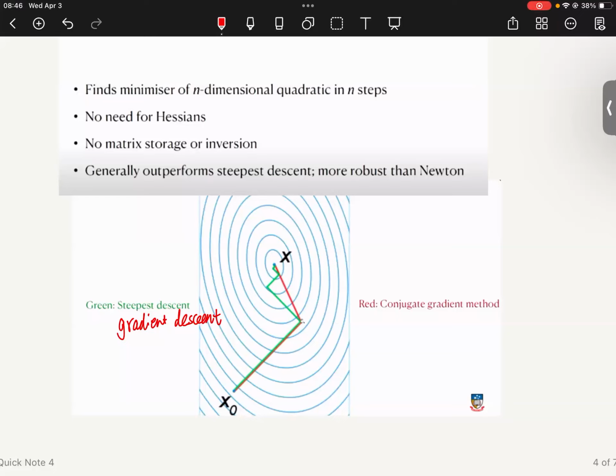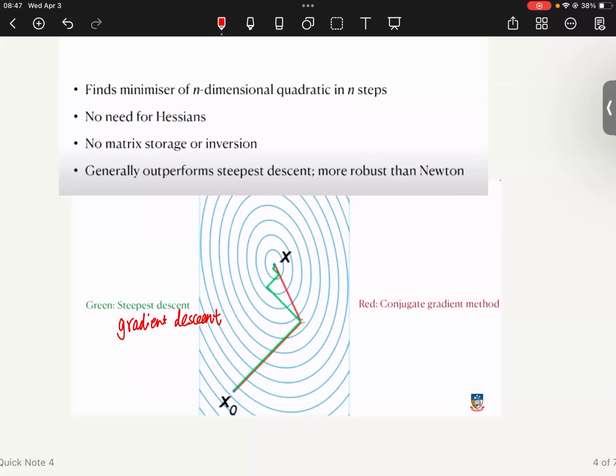You will see it takes several iterations to arrive at the minimal value, which means we have a slower convergence rate for gradient descent. Does it make sense? Any questions here? This is just a brief introduction to gradient descent and conjugate gradient descent. Nowadays we use conjugate gradient descent and not gradient descent, which is a slow method.